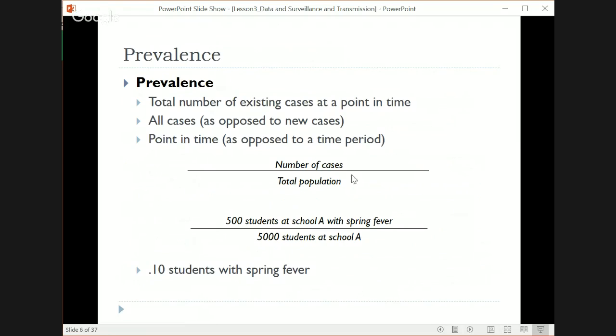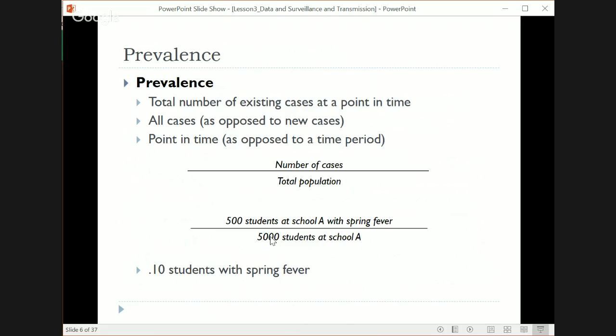All right, so on to prevalence. Prevalence is the total number of existing cases at a point in time. So this is all cases as opposed to new cases in incidence, and this is a point in time as opposed to a time period for incidence. So your numerator is the number of cases. Your denominator is the total population.